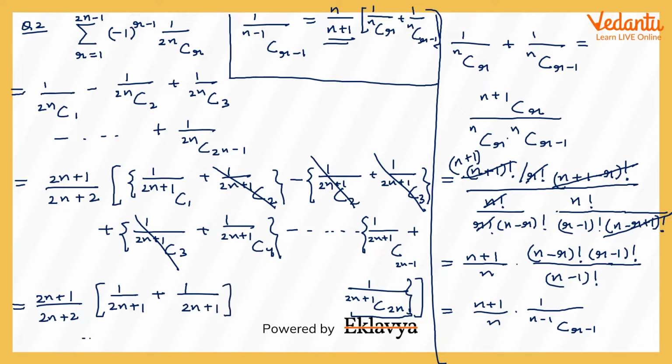So if you simplify it, we are getting 1 upon n plus 1, because this 2n plus 1 will be cancelled and 2 will cancel 2n plus 2. So this will be the answer of this question.